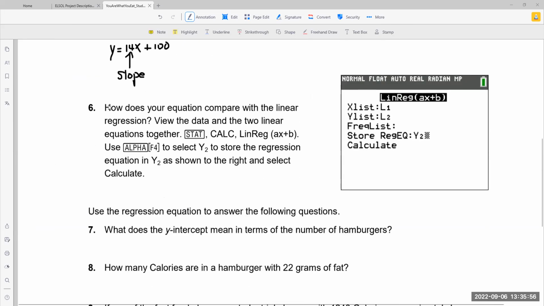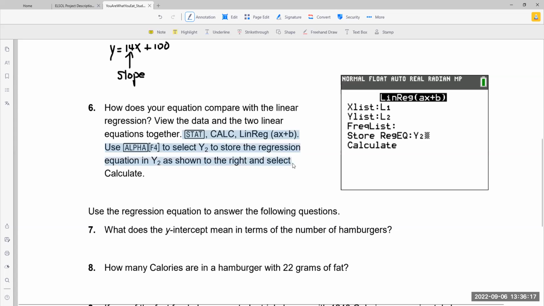All right, now on number 6, it says, how does your equation compare with the linear regression, which we haven't done yet? Their instructions are a little bit backwards here, because they should have actually said run a linear regression first.